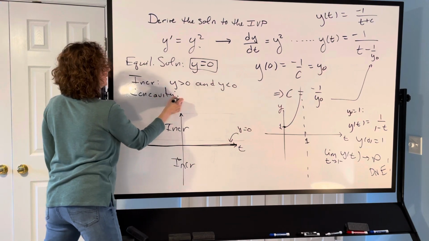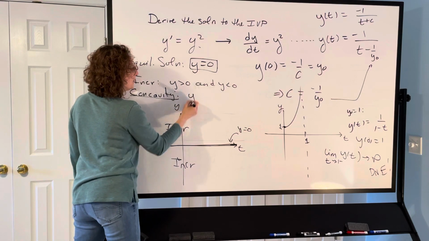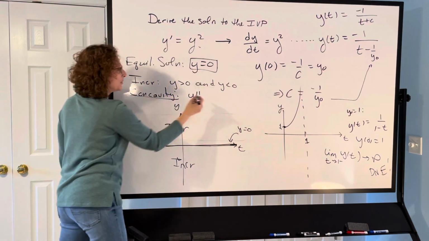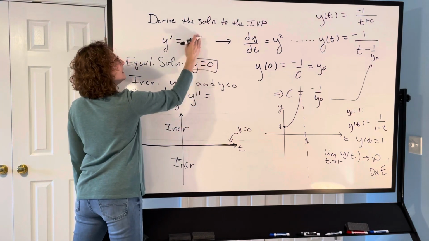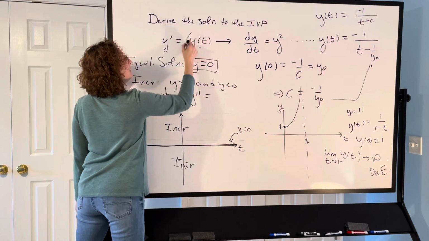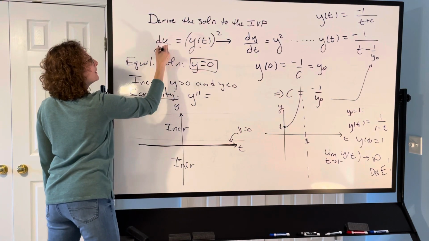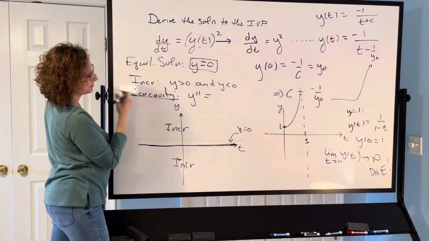This is what tripped many of you up on the quiz. Concavity, I need y double prime, right? Y double prime means take the derivative of y prime, but this is the derivative with respect to t. Remember, this y squared means y of t squared, and this y prime means derivative of y with respect to t. And this y double prime means second derivative of y with respect to t.